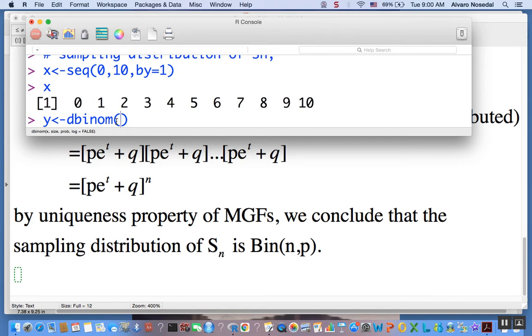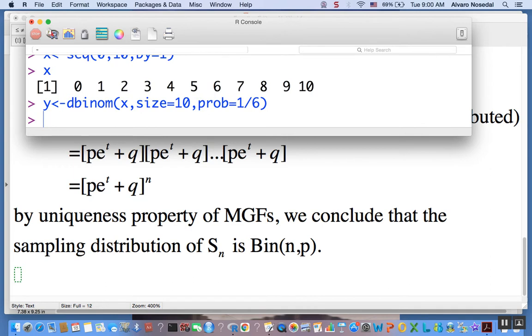We want to evaluate it here at x. The arguments that we need are the size, meaning the n number of trials, and the probability of success for each of those trials.